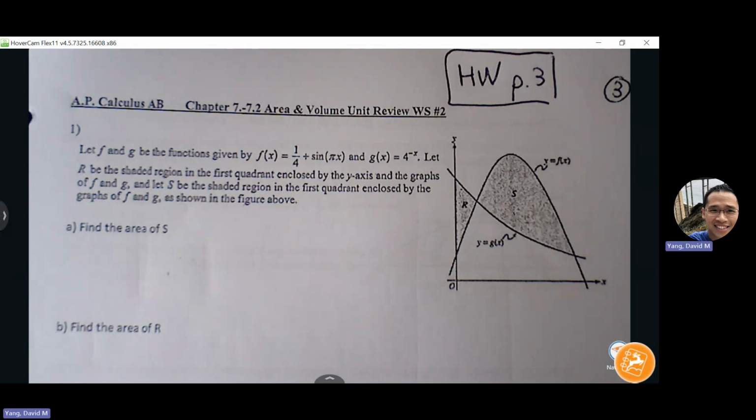Use your calculator to find your intersections. Does anyone not have the solution key packet?